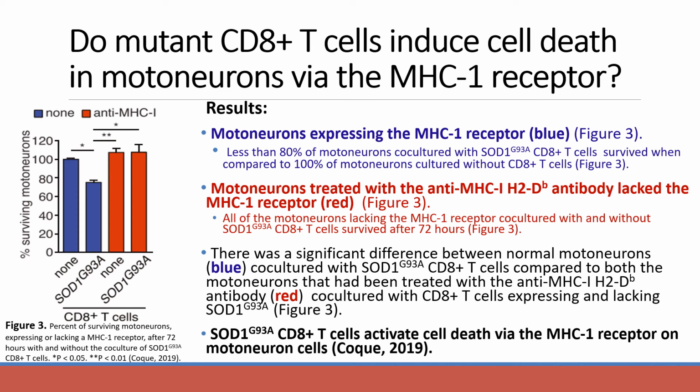Those are significantly higher, meaning they have a 100% survival rate. And then if you compare them to normal motor neurons that are also cultured with the CD8 T cells, you can see that there are fewer surviving motor neurons. So the study was able to conclude that SOD1 G93A CD8 mutant T cells activate cell death via the MHC1 receptor that's located on motor neurons.